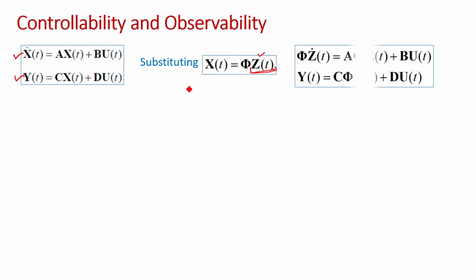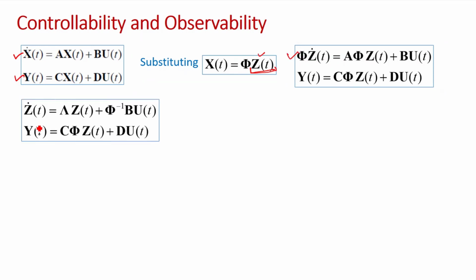So just by substituting this, we'll find phi z dot t will be equal to this. Now just multiplying phi inverse in the first equation, we'll find z dot t will be equal to the diagonal matrix into z t plus phi inverse B u t, and your output vector y t will be equal to C phi z t plus Du t, right?